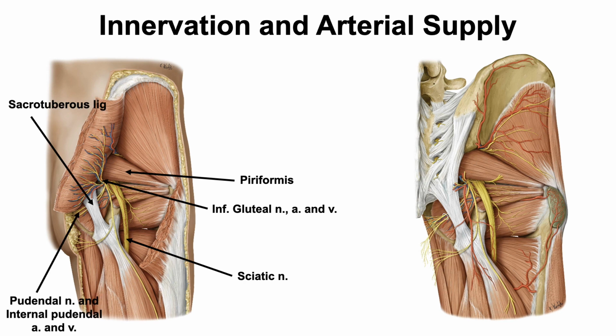Now, lastly, we need to talk about a neurovascular bundle that really doesn't have much to do with the gluteal region by innervating it or feeding it, but it is important and it's one of the structures you will have to find. So to find the structure, you need to find your piriformis, then you need to find your sacrotuberous ligament. Remember that ligament that's going from the sacrum to the ischial tuberosity, going in a superior to inferior direction.